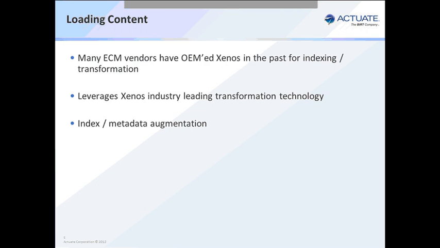They can put in additional structured data fields from sources such as buddy files, databases, and even other systems via APIs and web services. So at this point, I'd like to hand it over to my colleague, Will Davis, to walk you through how we load content into Xenos Repository.